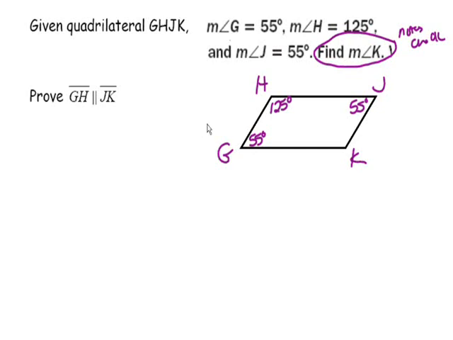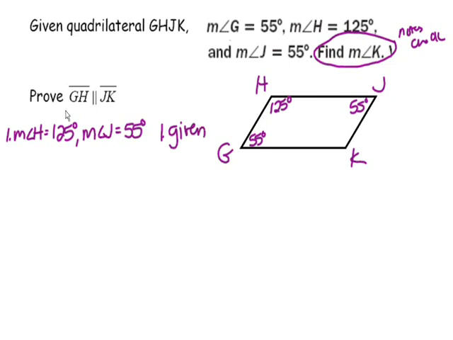So, what would be a good method of proving that these two sides are parallel? Well, it would be to prove that these two angles are supplementary, which they are. So let's start by talking about those two angles. The measure of angle H equals 125 degrees, and the measure of angle J equals 55 degrees. And that is given.